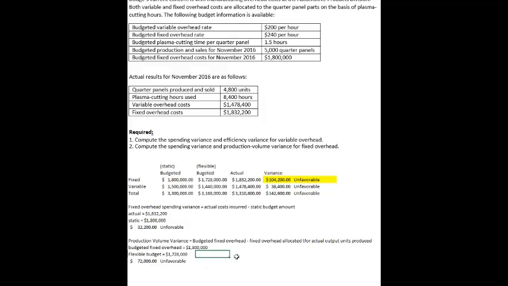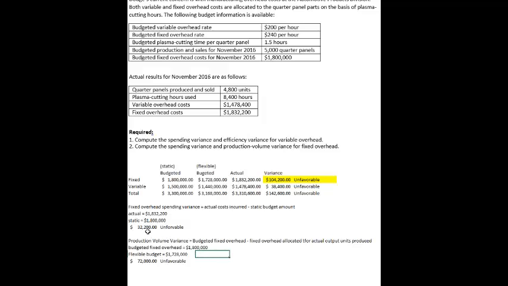It means we had some machines probably sitting idle, and that's one explanation for this sort of unfavorable variance: you didn't have enough product to run through your manufacturing plant to absorb all the overhead you had anticipated. Additionally, it might not be a sales problem, it might be a problem with your maintenance. The machines broke down unexpectedly, and so they sat there idle and you weren't able to produce enough product. So maybe there was enough demand to sell 5,000, but you couldn't produce them because your maintenance program allowed one of your main machines to break down.